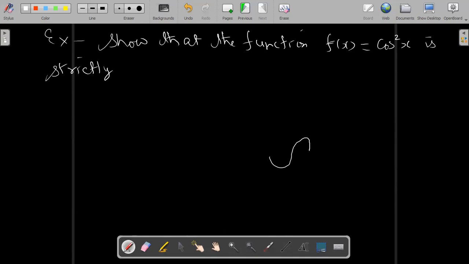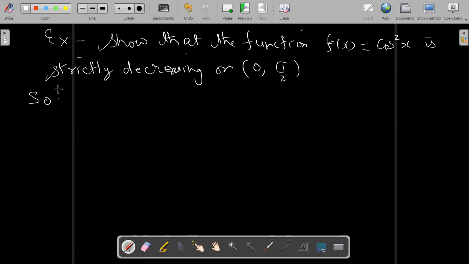So in some intervals they are increasing, in some intervals they are decreasing. So in trigonometrical functions you will always find some interval where it is strictly decreasing. We have to show that it is strictly decreasing on the interval 0 to 90 degrees, pi by 2. 0 to 90 degrees it will be a decreasing function.